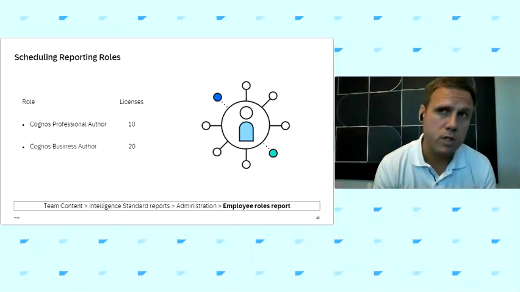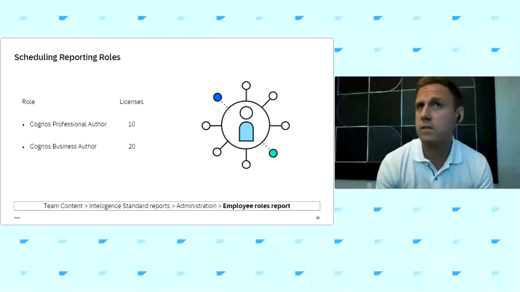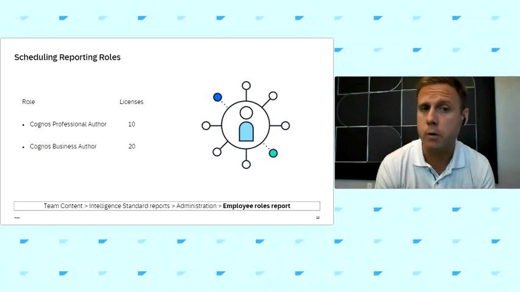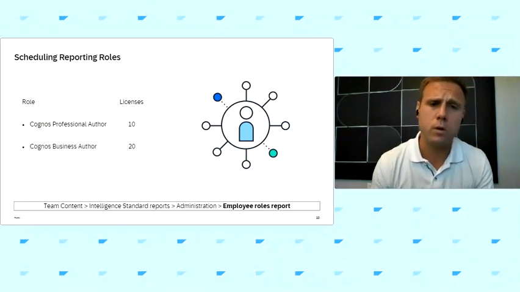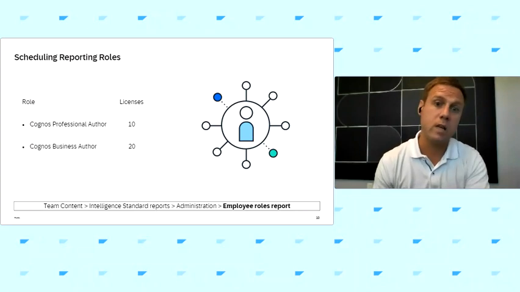These roles have the ability to schedule reports. The professional author is that super user. You have access to Report Studio, while as a business author, you only have access to Query Studio. That's just important when it comes to using the reporting tool that we're going to be using today. So having that professional author access is key for this demo.